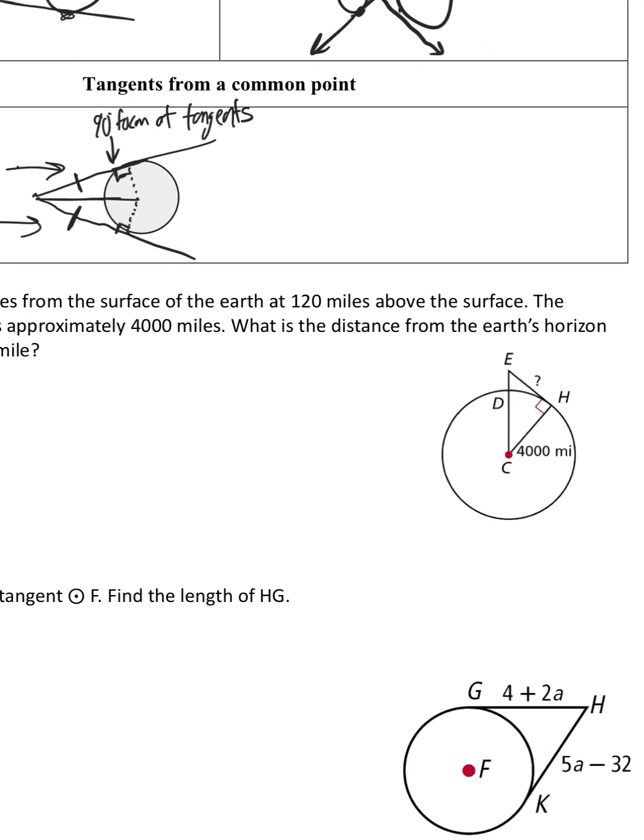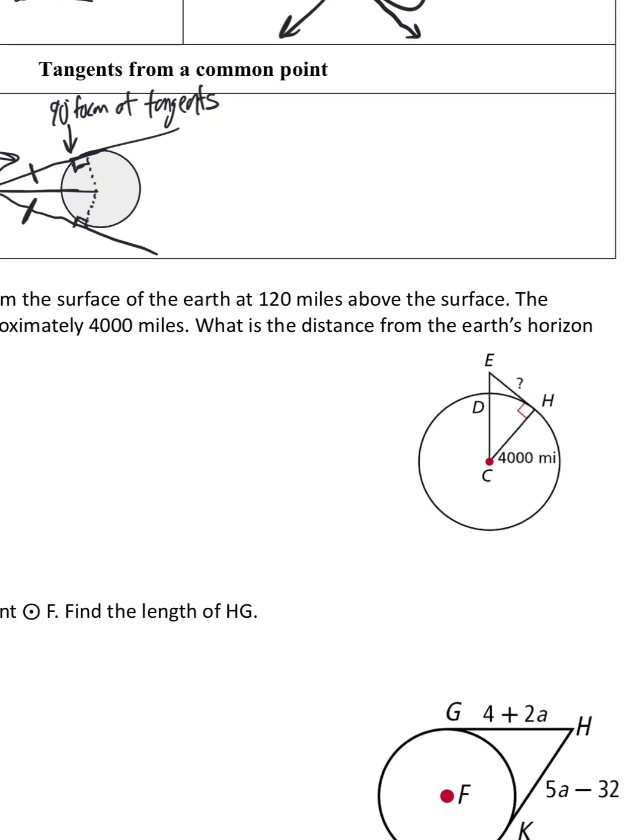So we know that the Earth's surface is rotating, and the satellite is 120 miles above the surface. The radius of the Earth is approximately 4,000 miles. So we want to use the Pythagorean theorem, because this is a right triangle, and this side is 4,000.